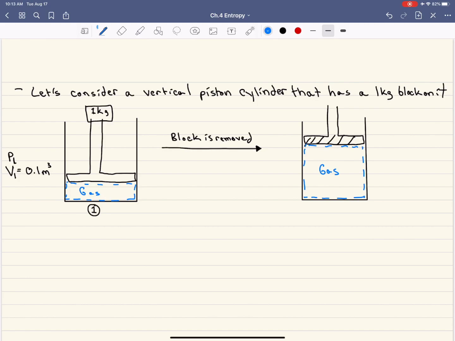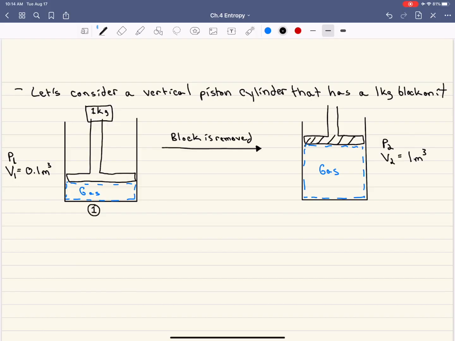Let's say that after the block is removed, the gas now has pressure P2, and it also has another volume, which we'll say is 1 meter cubed. By removing that block, that allows the gas to expand, and we're going to say it expands rapidly.